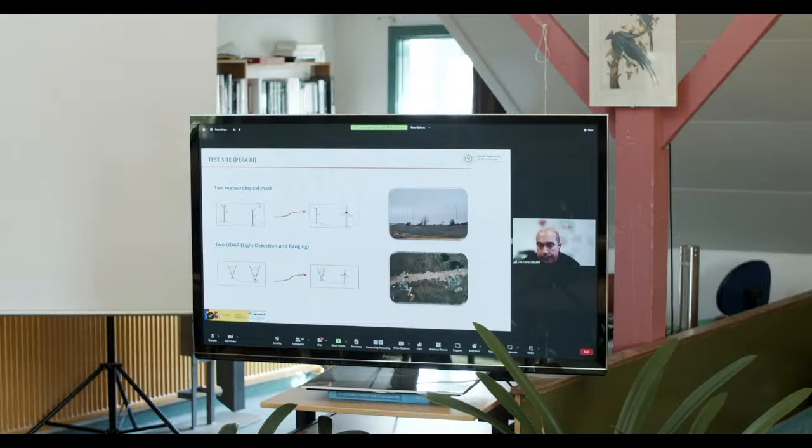We have carried out 2 different site calibration tests, one with 2 anemometer masts, and we have repeated the same experiment with 2 remote LIDAR systems. You can see here the picture with both anemometer masts and with both LIDARs.